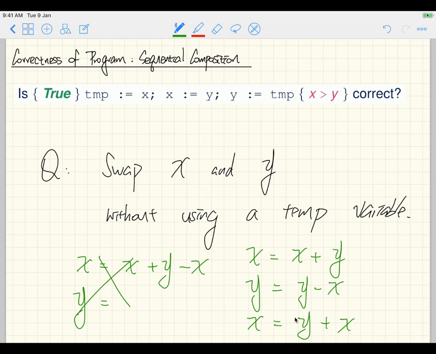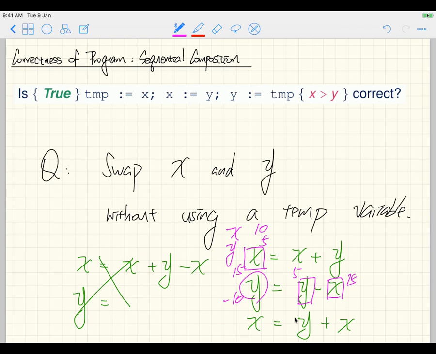Why don't we try to verify that, just informally. Let's say x is simply 10 and y is 5. So now x would be 15 to begin with. Now y would be y, which is 5, minus 15. You got minus 10.